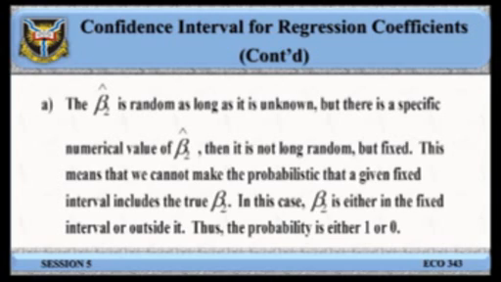Equation 76 gives a 100 times 1 minus alpha percent confidence interval for beta 2, which can be shortened as 100 times 1 minus alpha percent confidence interval for beta 2.